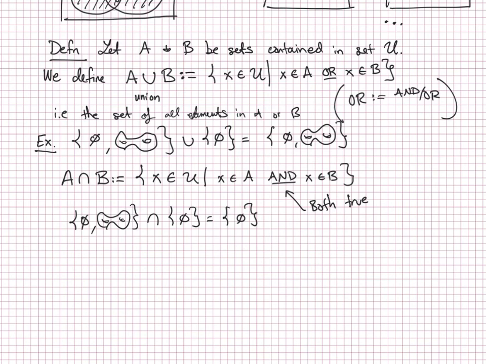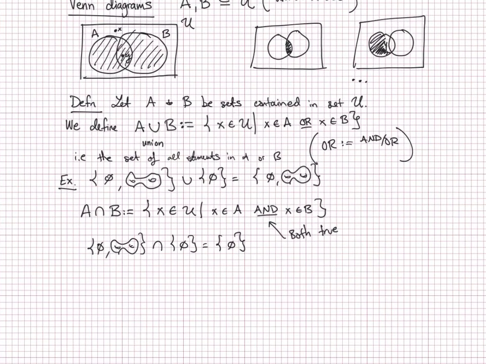As I said, maybe I'll put the union here. This is my picture for union. This is A union B. This would be A intersect B. I'll do more, but maybe I'll just write one more.